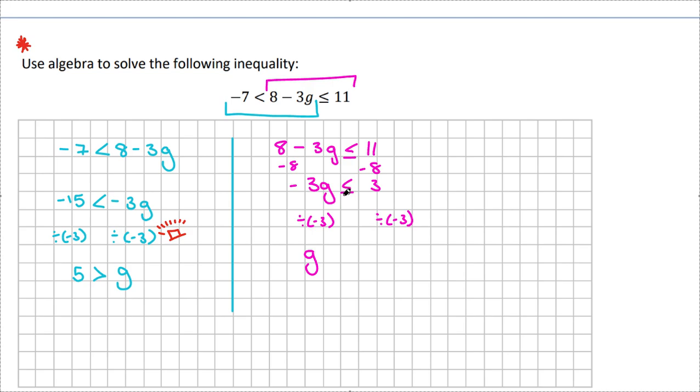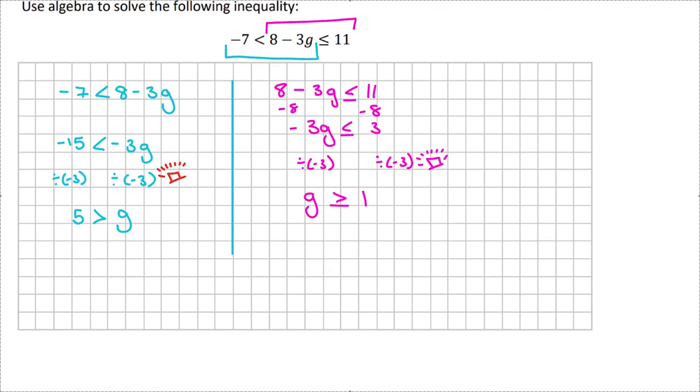I have to change the direction of the inequality. Why? Because I've divided by a negative. Really important that we watch out for that. And then we have that it's greater than or equal to, because I changed this direction, greater than or equal to 1.